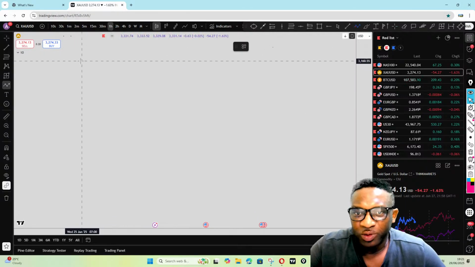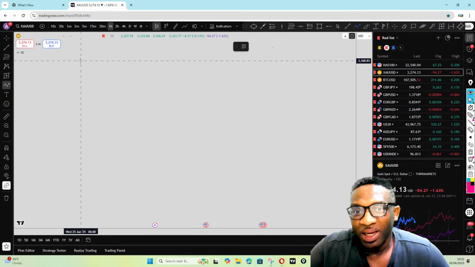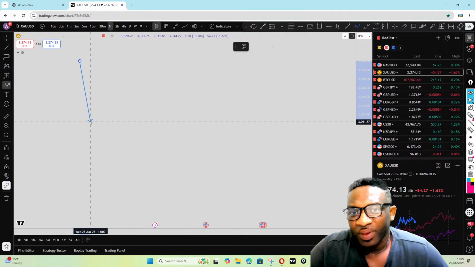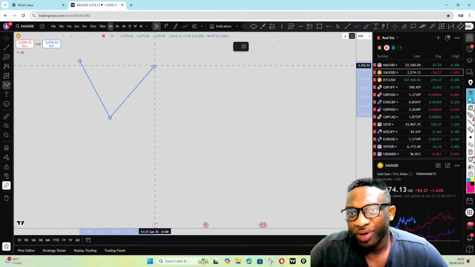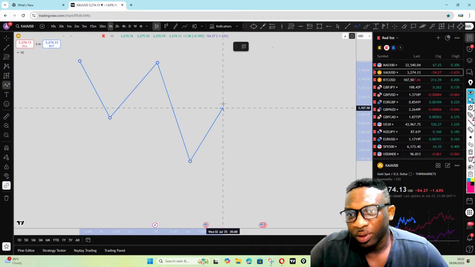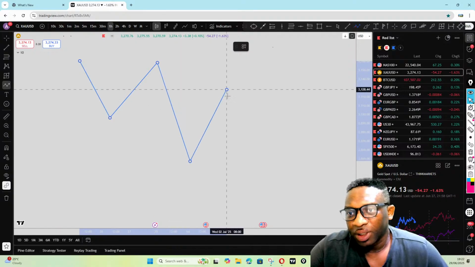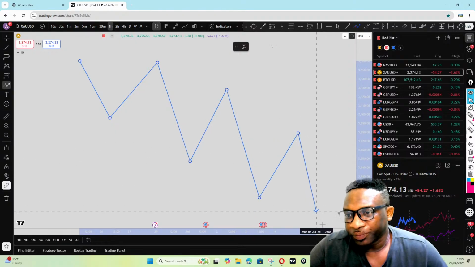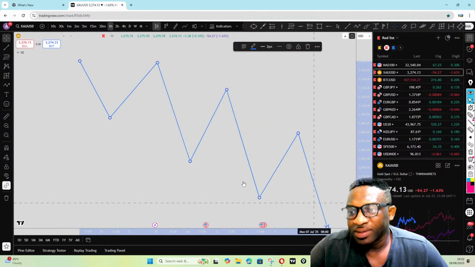So just a quick one, just to refresh our minds. To explain what an imbalance, or inefficient market, is, we have a downward move. Price gives a high, a lower low, lower high, like that. So we have this kind of scenario.